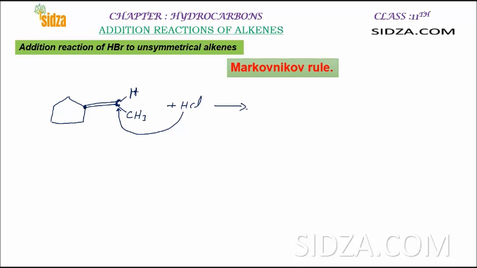So this is the carbon with more hydrogen atoms. Hydrogen will go over here, and the chlorine will attack this one. So the product will be like this, a single bond now, with CH2 and CH3 there, and the chlorine over here. This is the Markovnikov's product.